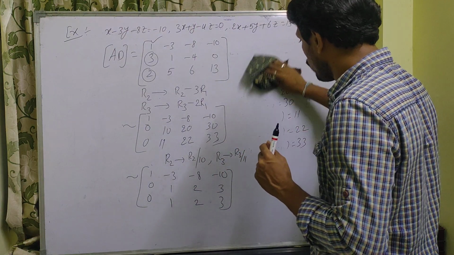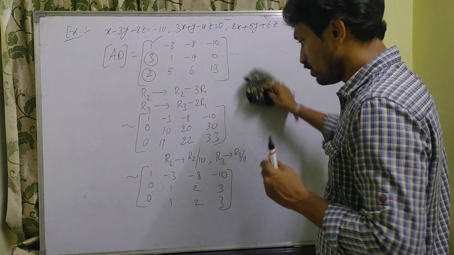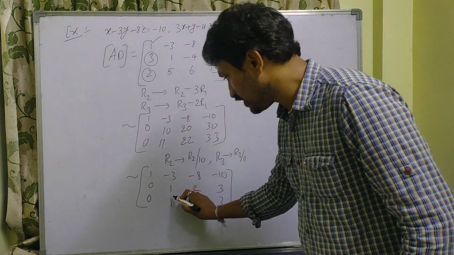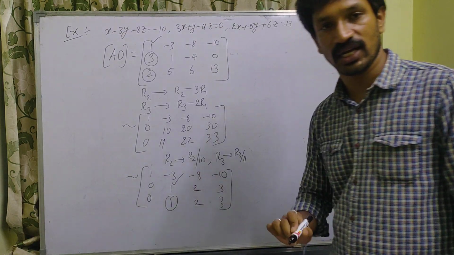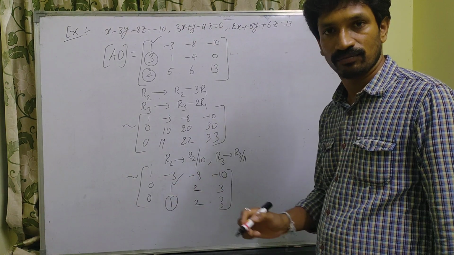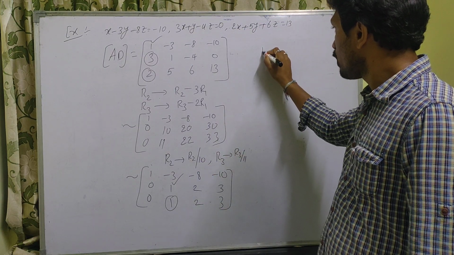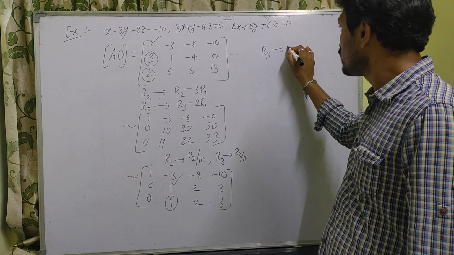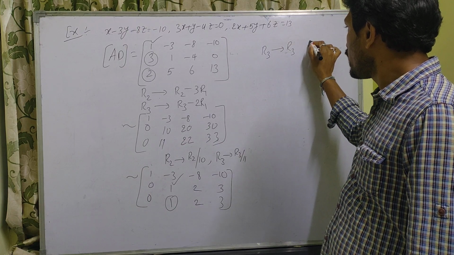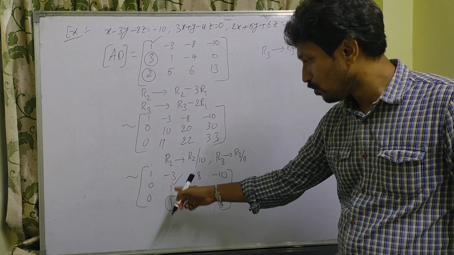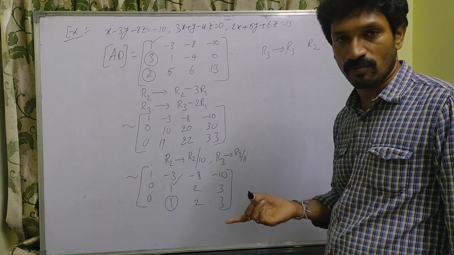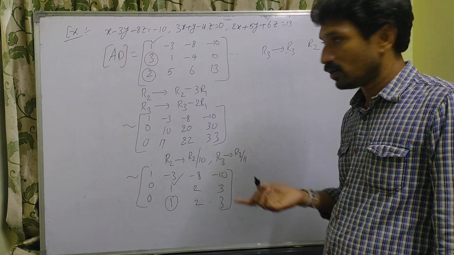To convert to the equivalent form, now we should make this entry 0 by using this second row entry. So how will it be? Both have the same sign. So for that operation, R3 and R2 we have to write. Both have the same numbers, so no need to multiply the opposite rows.